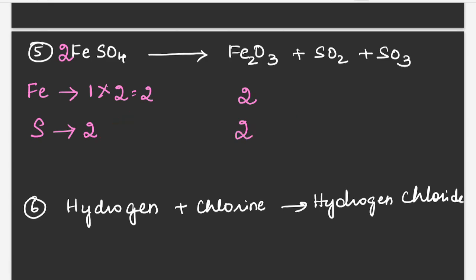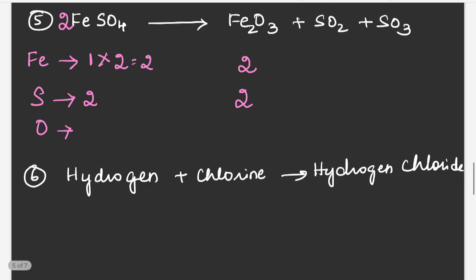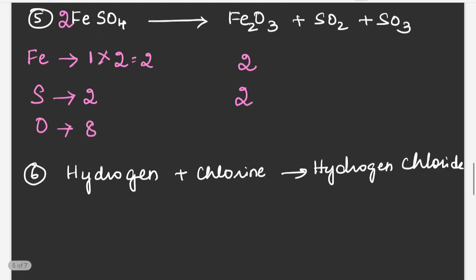Then what is next? Next we have oxygen. Check now how many oxygen atoms are present. Here 4 2s are 8. There are 8 oxygen atoms. So I'll write here 8. On the other side you check how many are there. Here you can see there are 3 oxygen atoms.